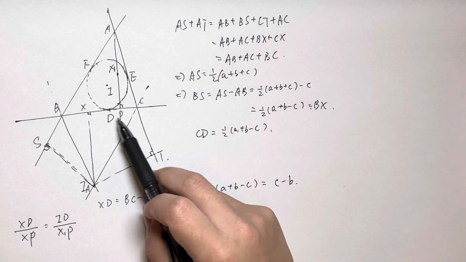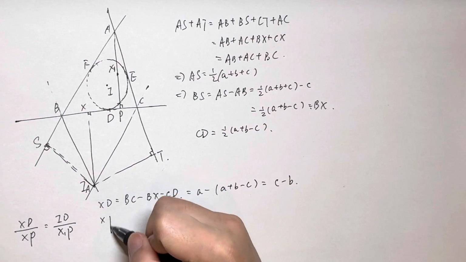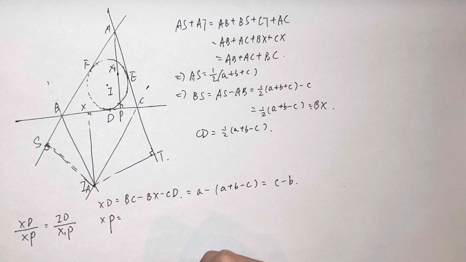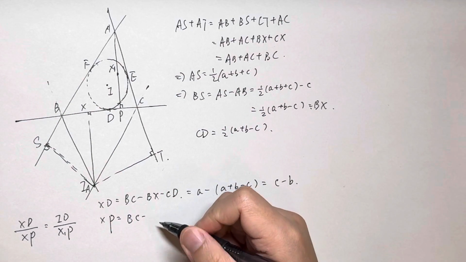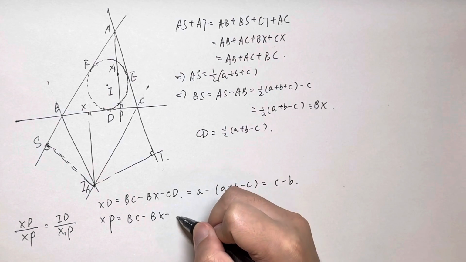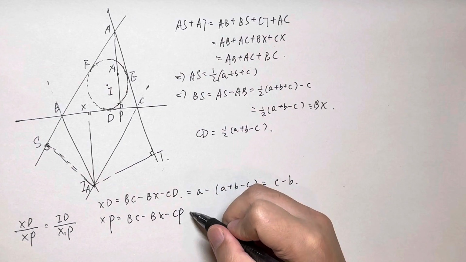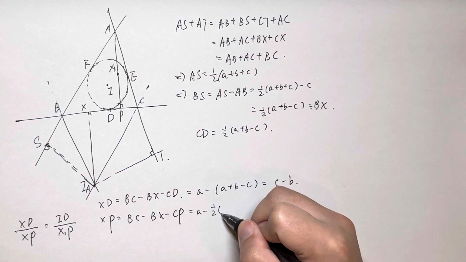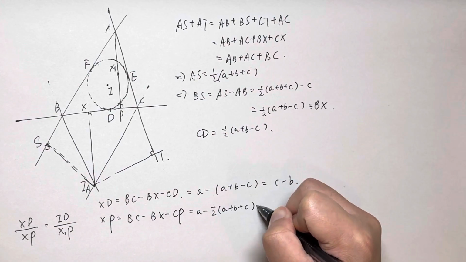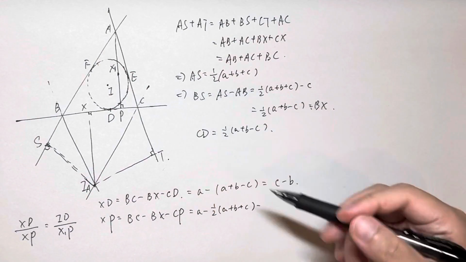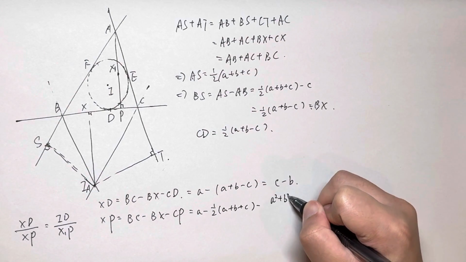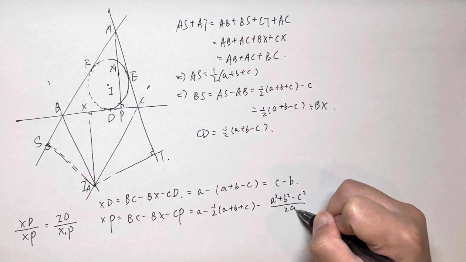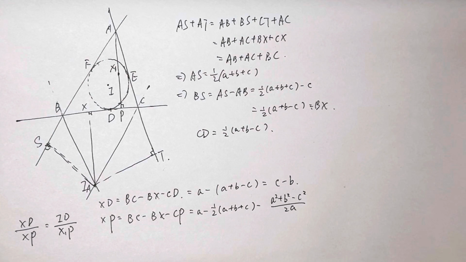And what is XP? XP equals BC minus BX minus CP. So it equals a minus half of a plus b plus c minus CP. What is CP? CP is a squared plus b squared minus c squared divided by 2a. We calculated it before. That's the length of CP.